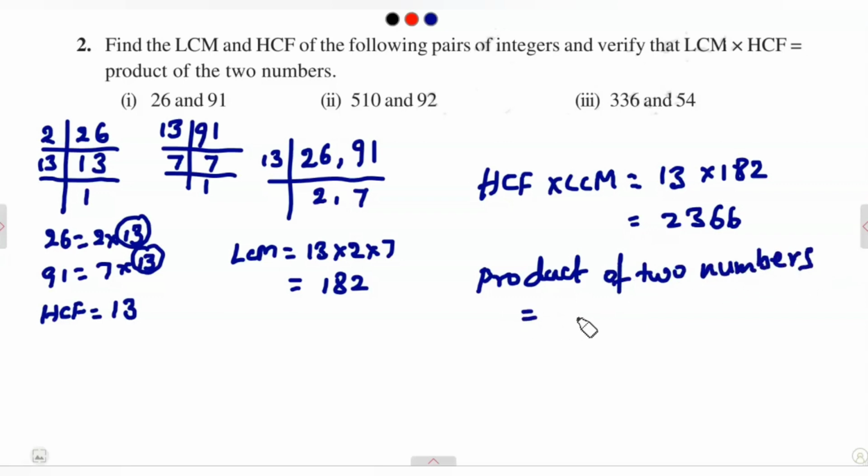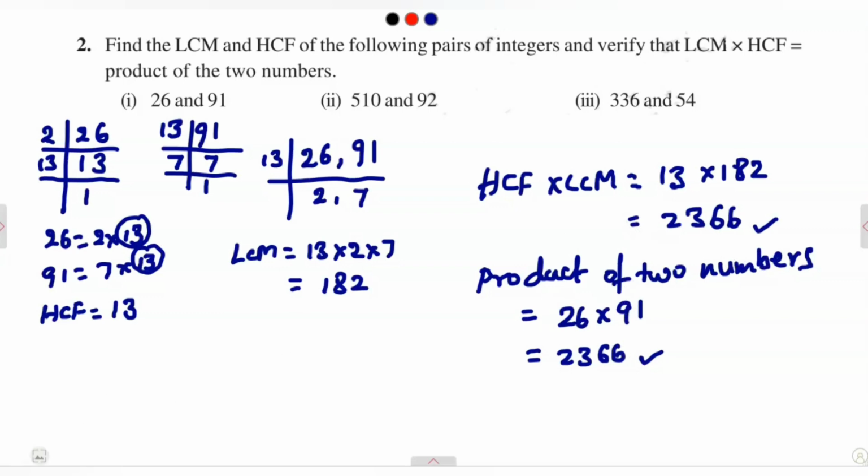The numbers are 26 and 91, right? Let us multiply these two. The answer is again 2366. So we verified that the product of HCF and LCM is the same as the product of the two numbers.